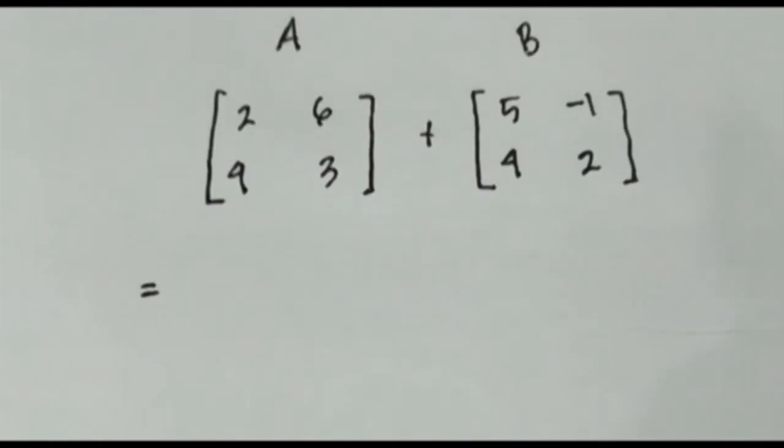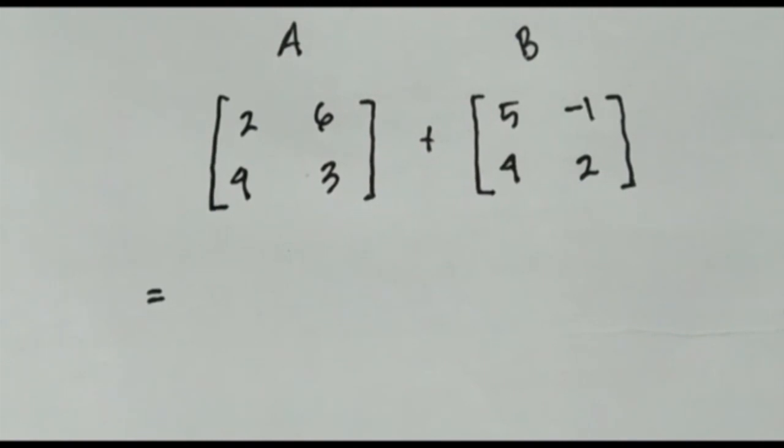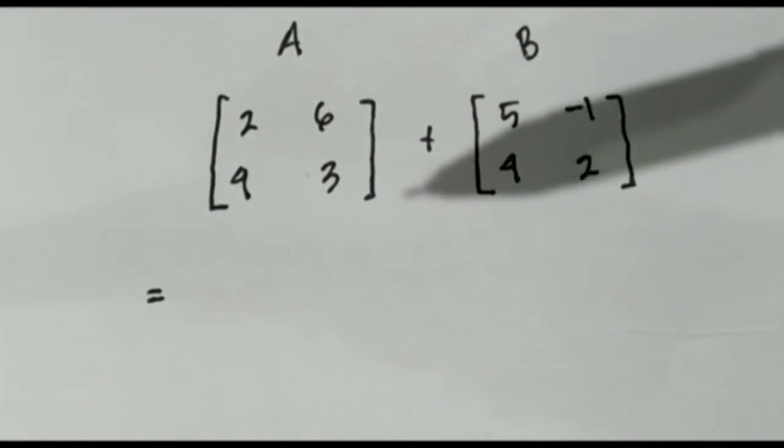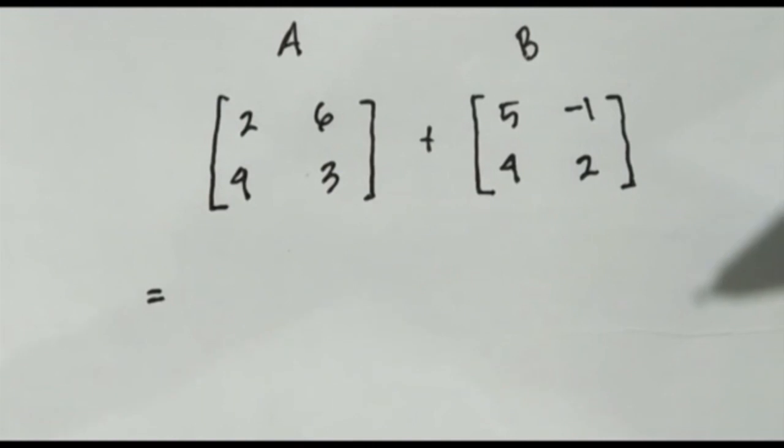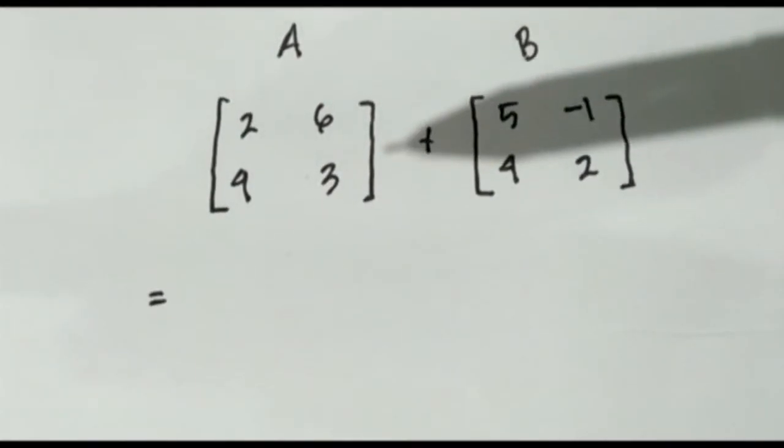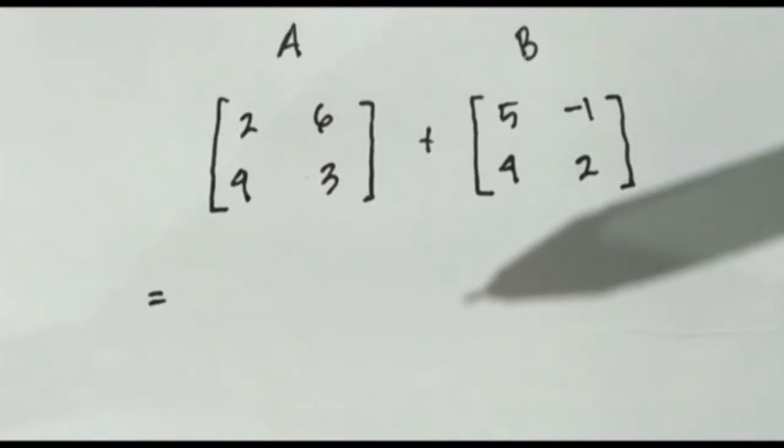The rule to follow in order to add matrices: you can add elements in the same row and same column. Here we have two matrices. The matrix A is 2 by 2 and the matrix B is a 2 by 2 matrix. Because they have the same dimension, we can add them.